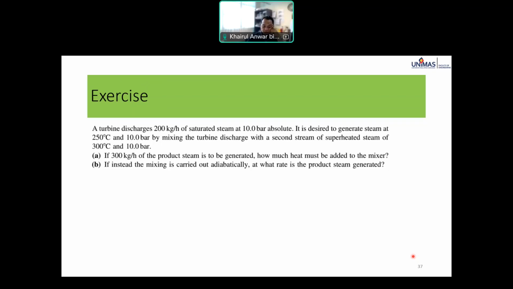If we go back to the previous example and do the steps, the first step is to determine the rate of all stream components.